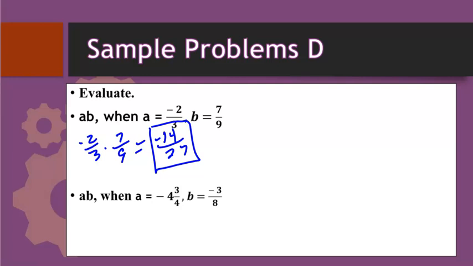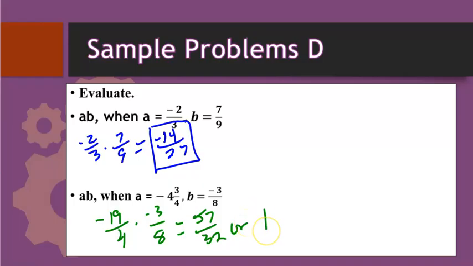And our last one, it'd be -19/4 times -3/8, and 19 times 3 gives us 57, so that's a positive 57/32. Or if you put it as a mixed number, this would be 1, and 57 minus 32 gives us 25, so that'd be 25/32. So that's our lesson on multiplying mixed numbers.